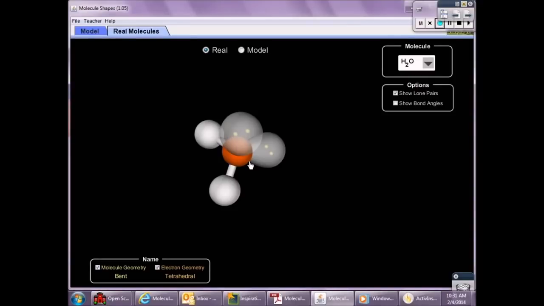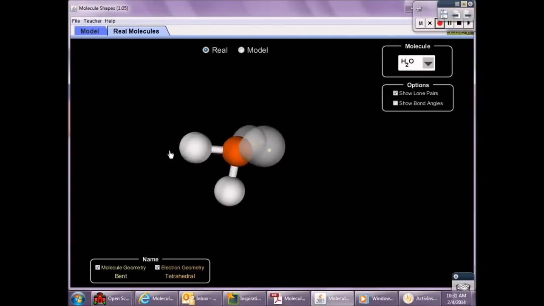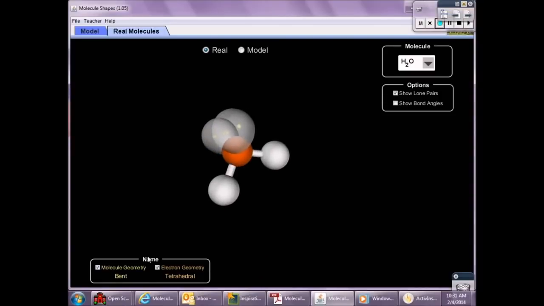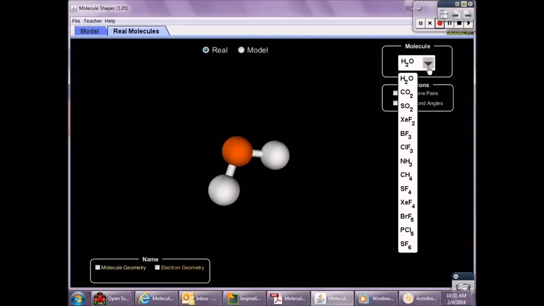I don't want a specific bond angle. Because it is tetrahedral, but it is less because of the unshared electrons. It is less than 109.5.